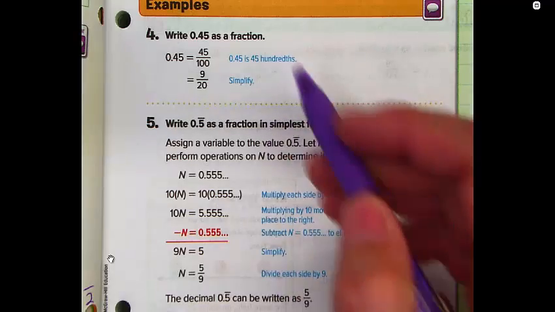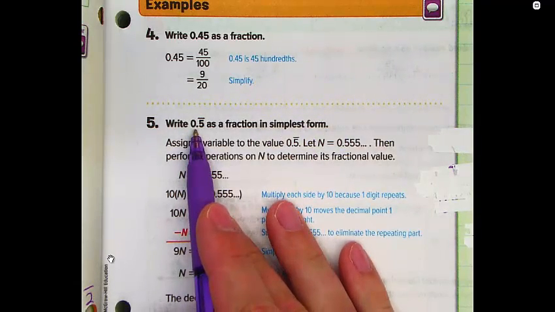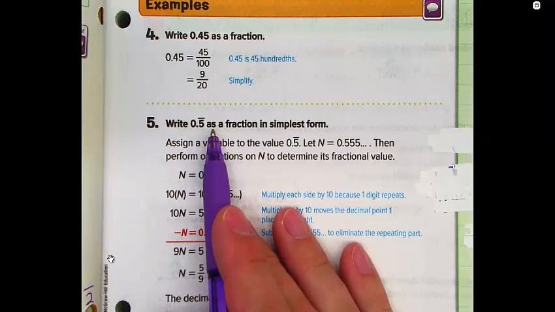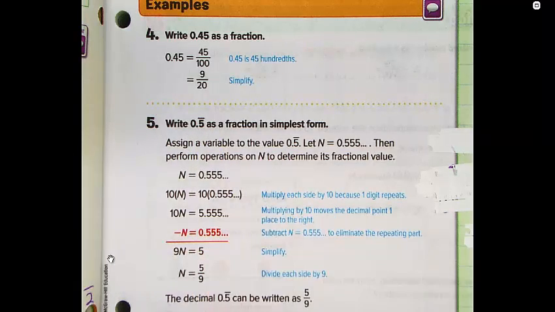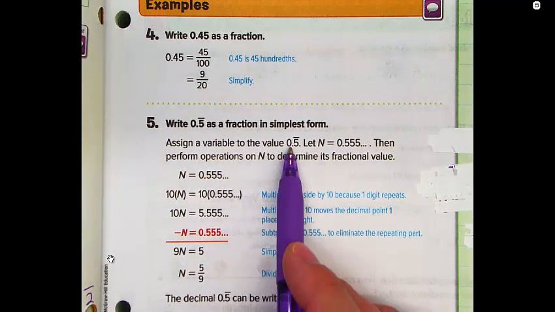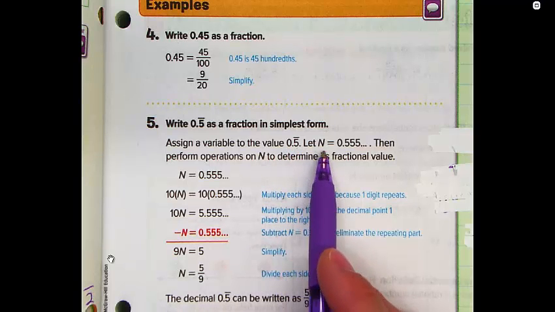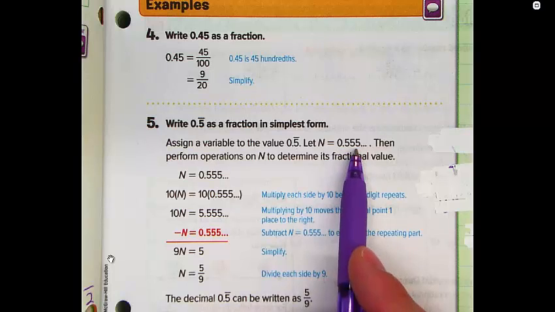So what we want to do is take this decimal and basically move it back to where we can, in a way, get a whole number right there. So it says assign a variable to the value 0.5 repeating. Let n equal that 0.5 repeating.